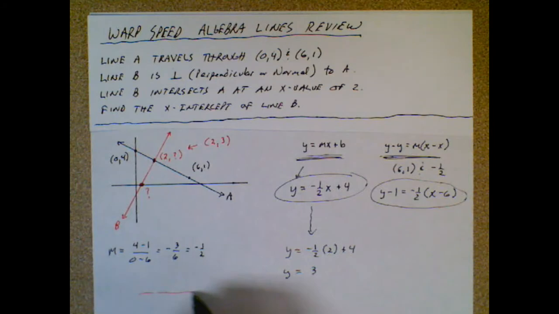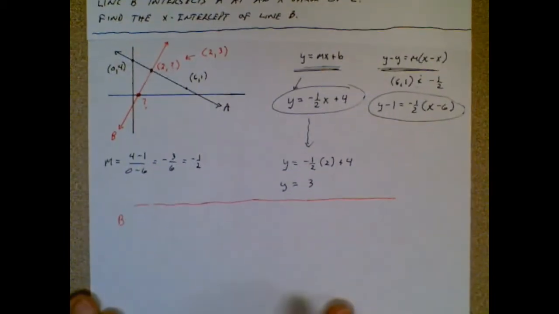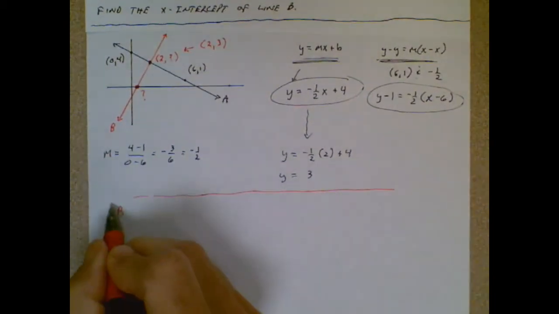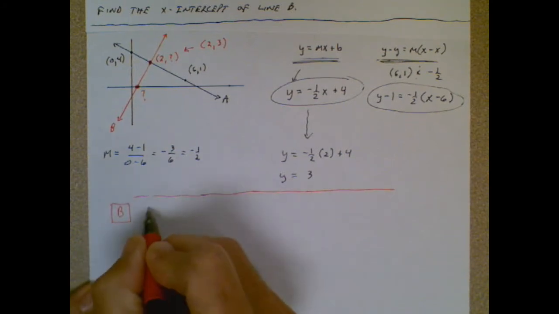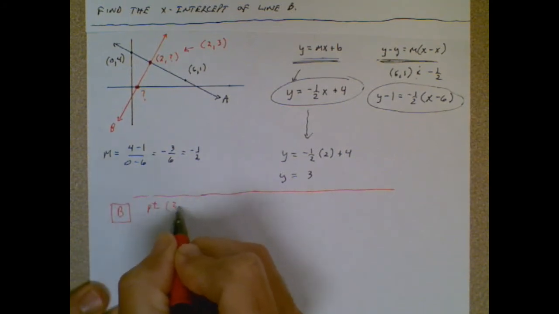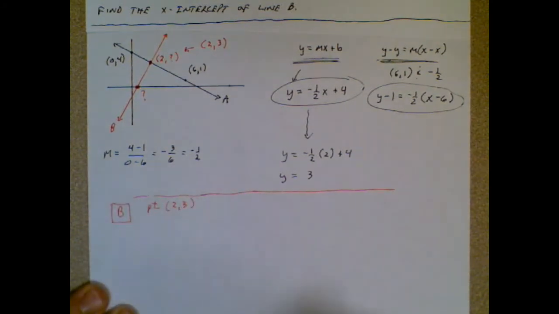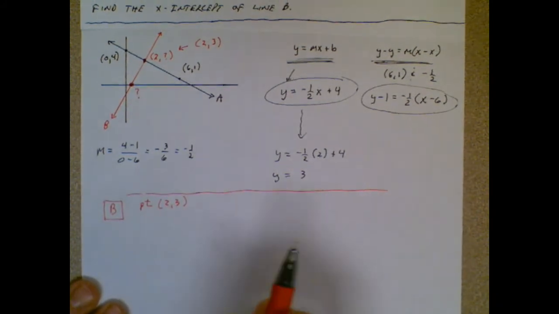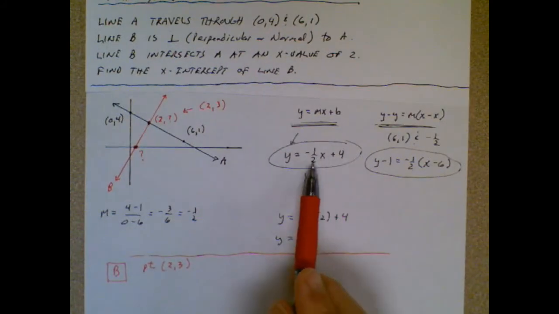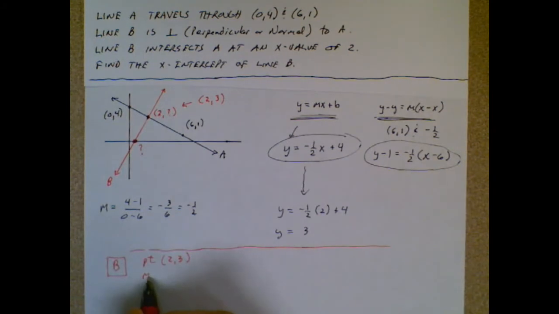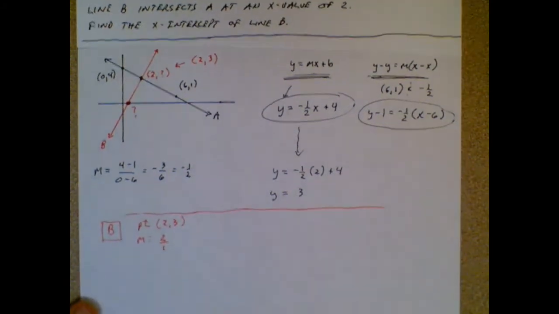So as I go to line B, I know two things. I know we have the point 2 comma 3, and I know we have the slope that is the opposite reciprocal. So if that's a negative 1/2, my slope is positive 2 over 1, which of course we would just call 2.